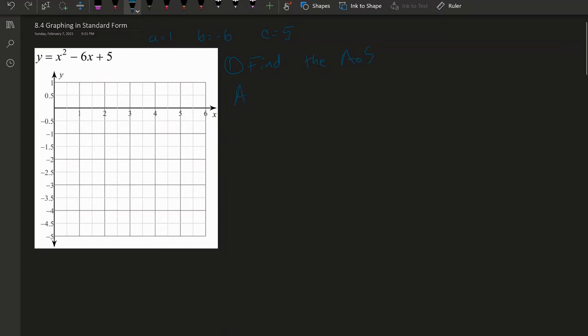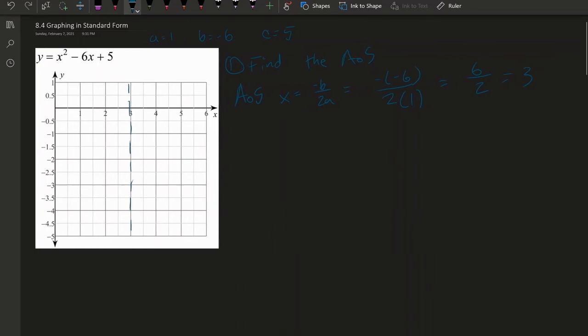So the axis of symmetry is found with x equals negative b over 2a, or in our case, negative 6 divided by 2 times 1. That would be positive 6 divided by 2, which is 3. So that means that I've got a vertical line right here that splits my parabola in half. Now I know on that line somewhere is the vertex.